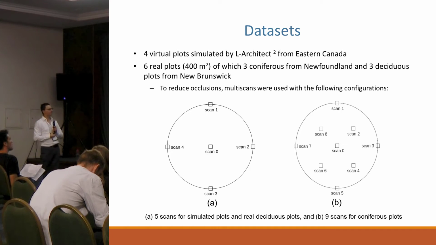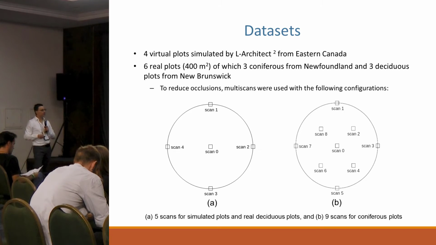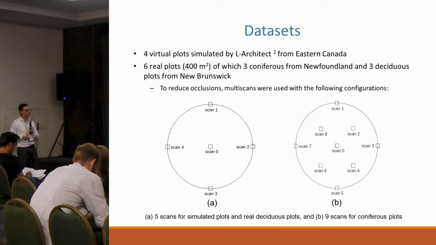To reduce occlusion, we have multi-scans with different configurations. In the case of the virtual plots, we use ray tracing, actually a physically based ray tracer, to generate point clouds from 5 different points of view within the virtual plots. It was also the same kind of configuration for the actual deciduous plots.